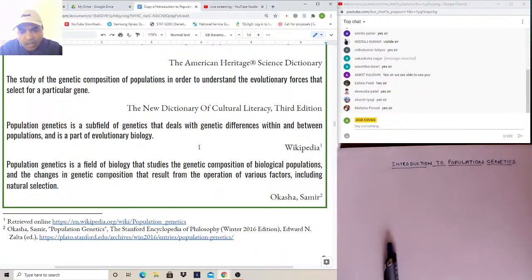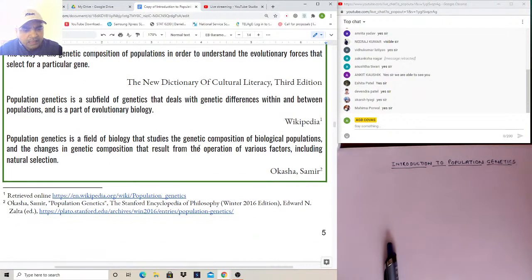Now, there is another document in the Stanford Encyclopedia of Philosophy where Samir Okasha has defined population genetics as a field of biology that studies the genetic composition of biological population. So ultimately, you have to study the genetic composition of biological population and the changes of genetic composition that result from the operation of various factors including natural selection.